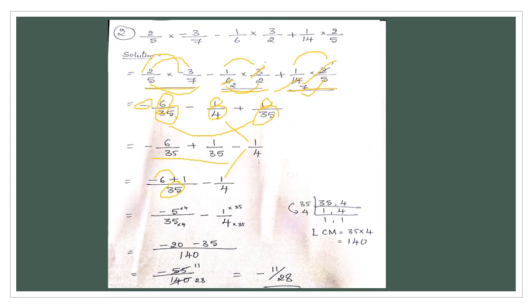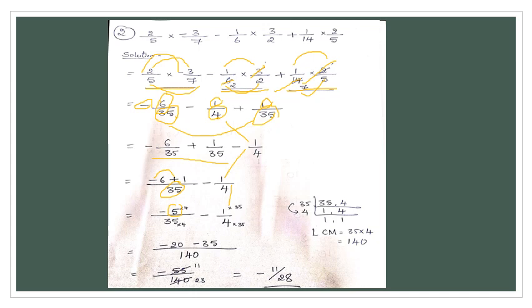The 6 is the greater term and it has the minus sign, so minus 5 is the final form of minus 6 plus 1 by 35. Write down the minus 1 by 4 as it is. Children, observe, this is the simplified form of the above step: minus 5 by 35 minus 1 by 4.